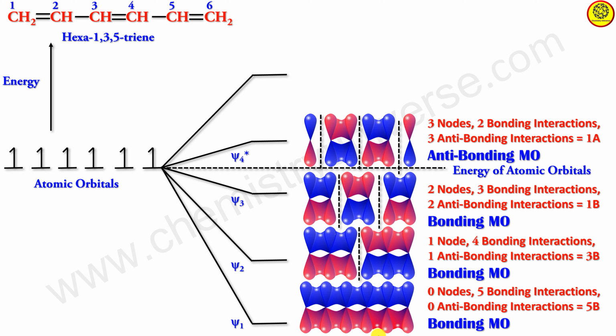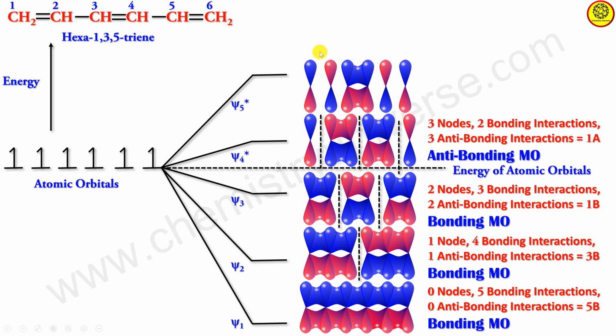The next one, psi 5 star. Remember, the number of molecular orbitals will be equal to the number of atomic orbitals from which they are formed. This you must have done in chemical bonding. And here you see the image. Can you see antibonding 1, antibonding 2, antibonding 3, antibonding 4 and only 1 bonding.